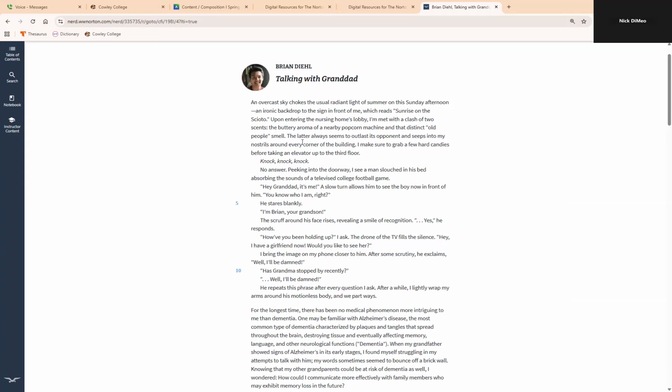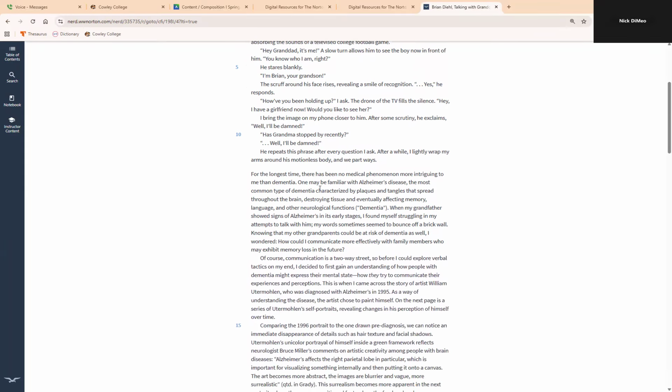Remember how some of those vignettes were very, very descriptive, just like the beginning of this? Remember the buttery popcorn machine, the old people smell, all of the very descriptive parts. And then there's a dialogue here, right? So this is the very first section, the narrative section. That's what we're going to be working on this week.